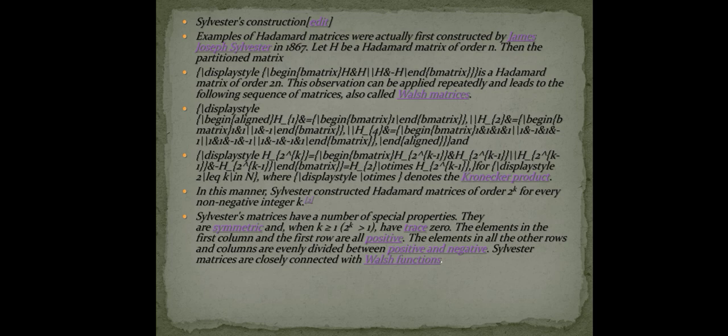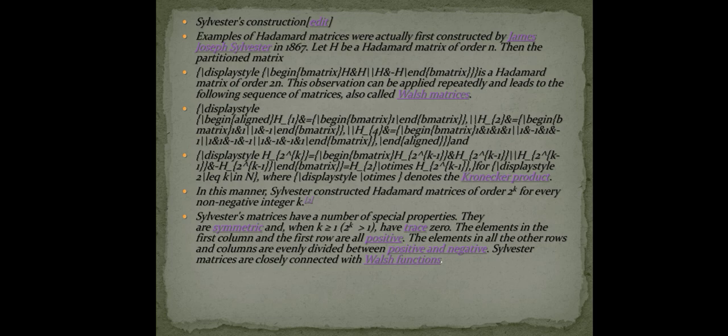Sylvester's construction. Examples of Hadamard matrices were actually first constructed by James Joseph Sylvester in 1867. Let H be a Hadamard matrix of order n, then the partitioned matrix is a Hadamard matrix of order 2n.